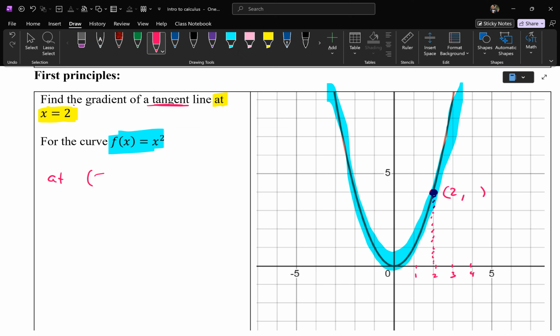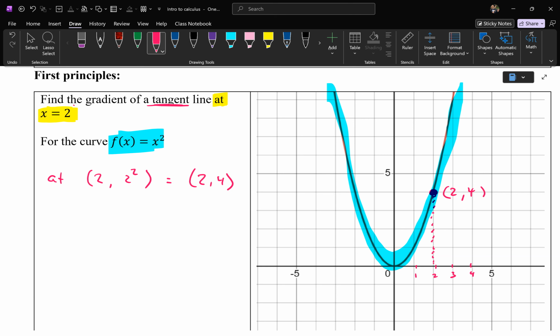So at x equals 2, what should the y coordinate be? 4. Very good. Because the function said if x is 2, I sub 2 in, 2 squared gives you 4. So therefore, at this very point, I should have 2, 4.